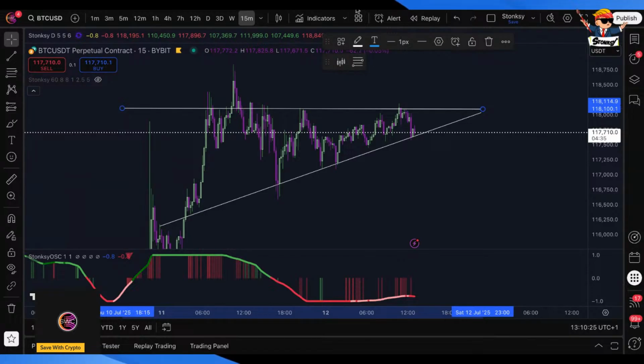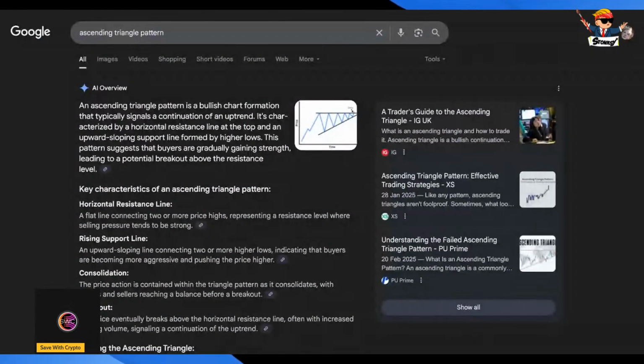So let's have a look at what Google says about ascending triangle patterns. I quite like this with Google now. It does this kind of AI overview now, which I think is quite good, really, because I've noticed that I'm using Google less and less. I'm just going to like Grok or ChatGPT. Actually, Grok is my favorite, as many people might know. I tend to go to those LLMs, if you like, to find out answers to things rather than going to Google.